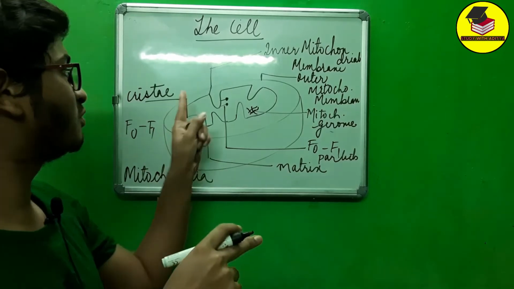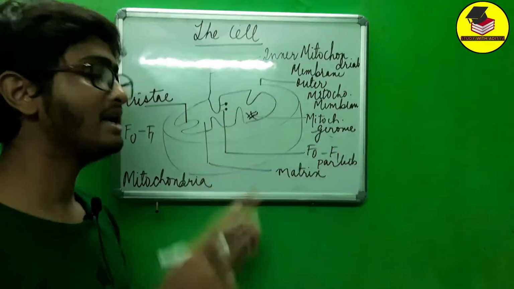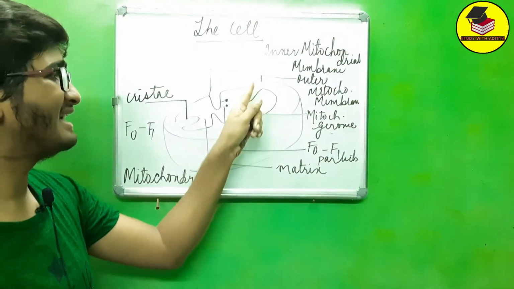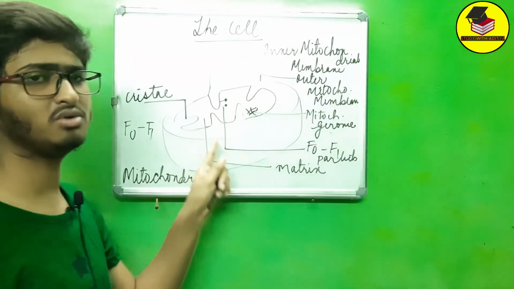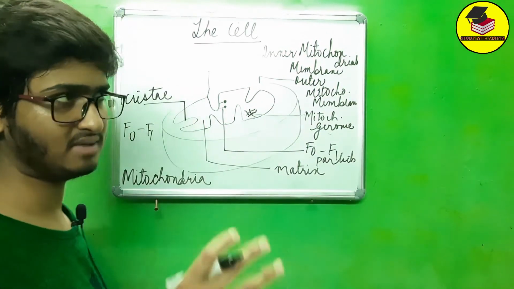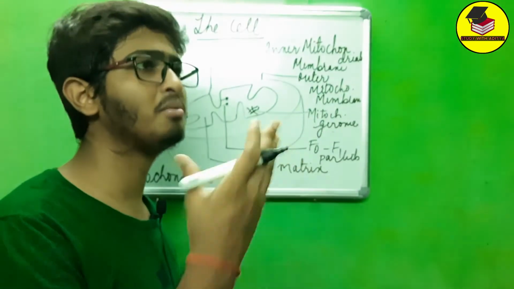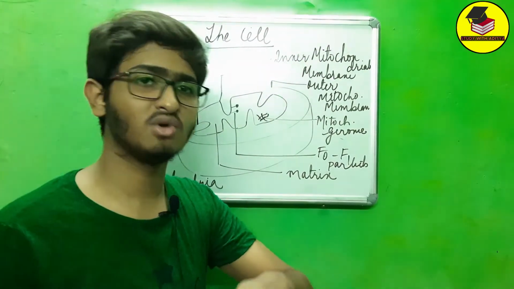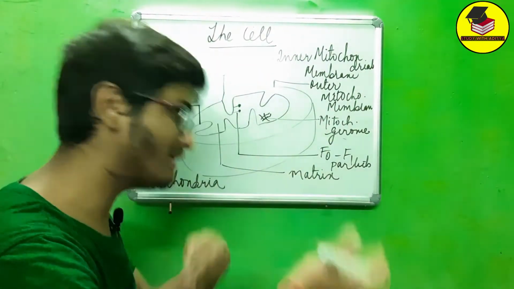So the fourth point would be cristae are studded by F0 F1 particles. Then the fifth point, a dense semi-fluid is present. In cells or in any organisms, you will not find a pure fluid. A semi-fluid will always be present. That means some amount of solid is already dissolved in this fluid.